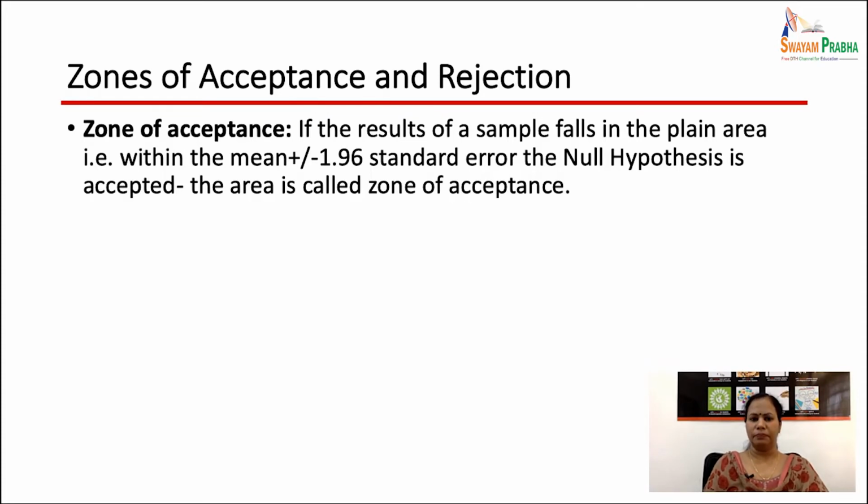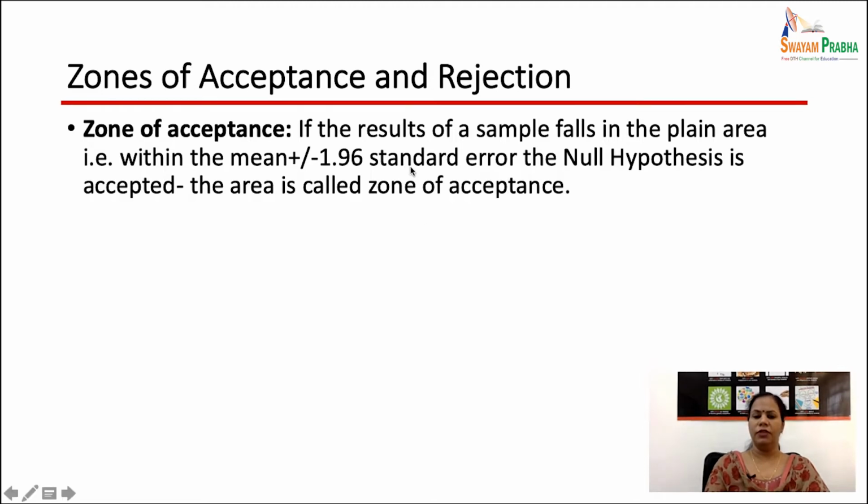So whenever we say zone of acceptance, 1.96 is equal to 2 only. Here we are talking about standard error, and you should understand why: because here we are talking about the population parameters.